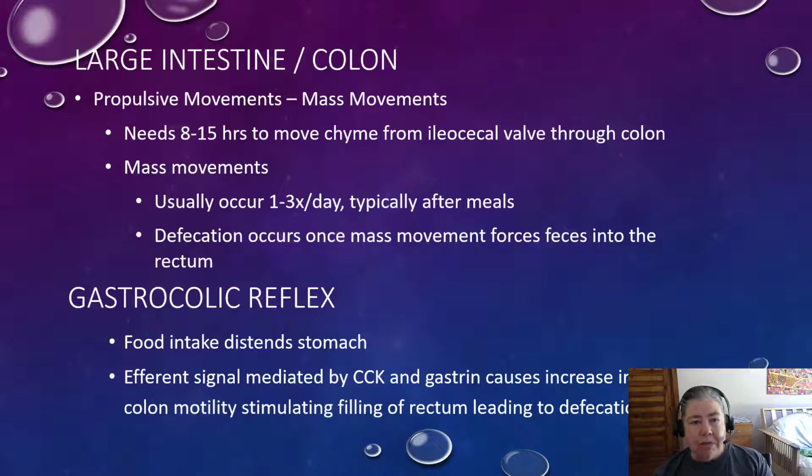And after meals, there are propulsive movements that are called mass movements, usually 1 to 3 a day. And once a mass movement pushes feces into the rectum, triggering distension, then defecation occurs.